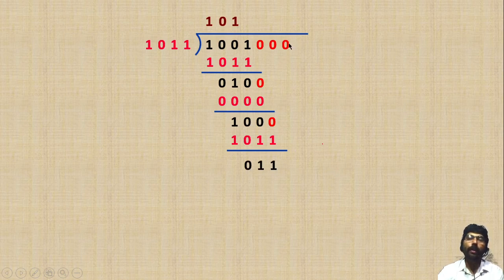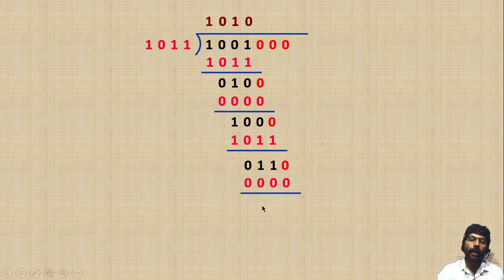So I have to pull down the next bit here. Now I cannot divide this again because it's 0 here and 1 in the divisor. I cannot divide it, so I write 0 here. Now this is a 0 division. Now this is the quotient value I got.